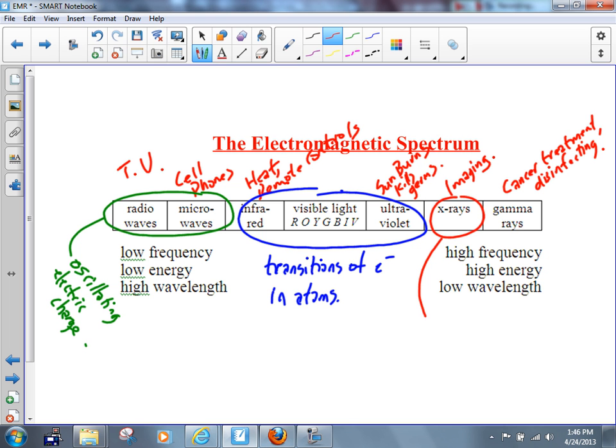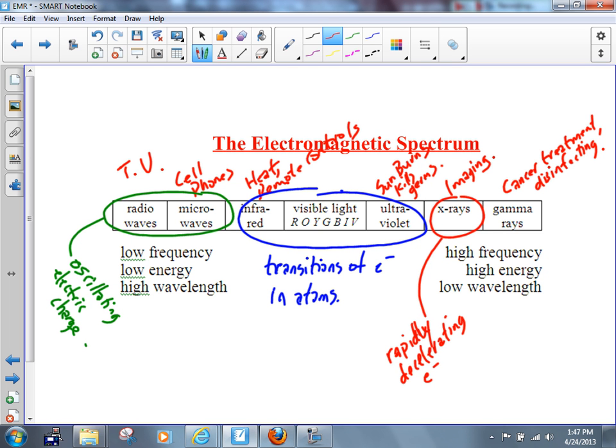X-rays are produced by rapidly decelerating electrons. We accelerate electrons to an incredible speed, like 10 to the 5, 10 to the 6, 10 to the 7 meters per second. And then we smash them into a target. We hit something with them.